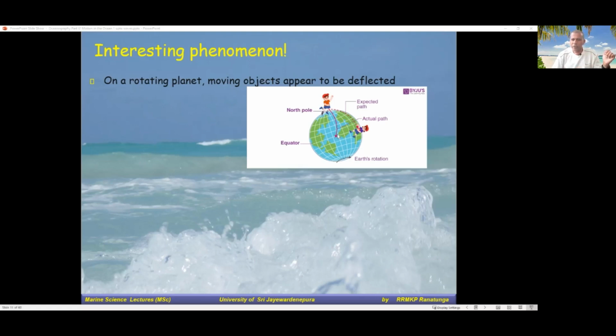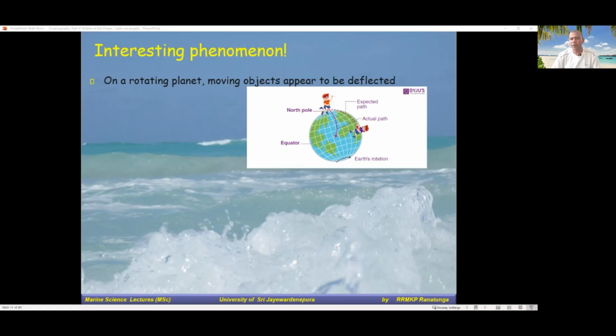The equator has the highest rate, so it has the highest speed, whereas as you go towards the polar region, the speed reduces, and at the axis in the polar region there won't actually be any movement. It will just circulate around its own axis. There is no big movement, right? So it becomes near zero.